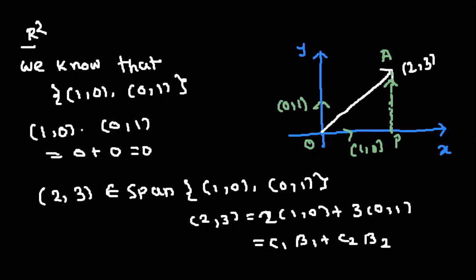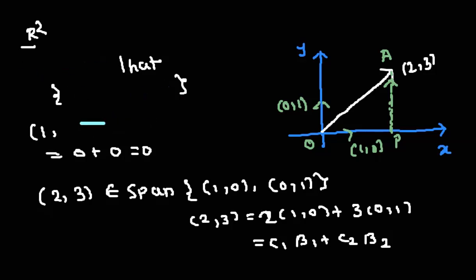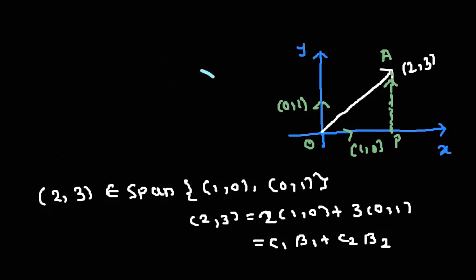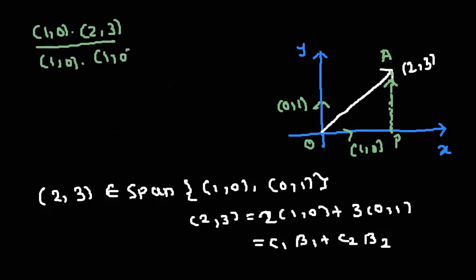The projection of 2, 3 upon 1, 0 is going to be the inner product of (2, 3) and (1, 0), over the inner product of (1, 0) with (1, 0). So this is the scalar component times the vector 1, 0.